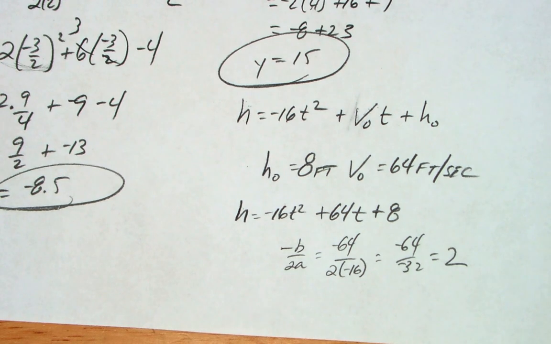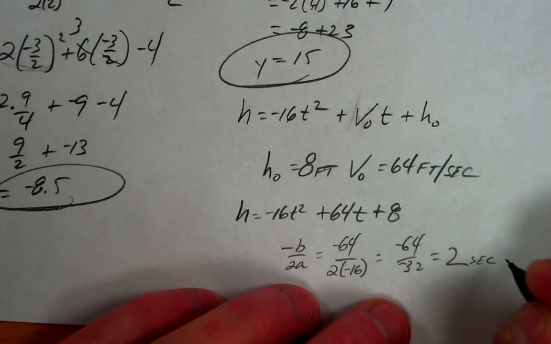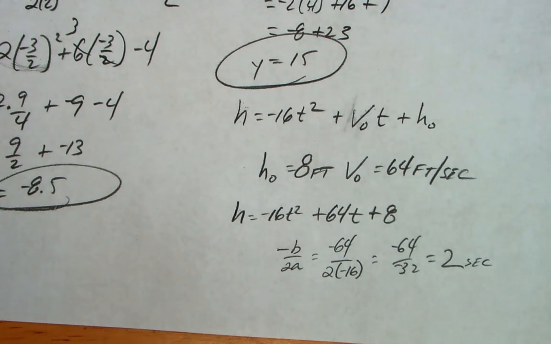What does that stand for? Time. So this is 2 seconds. It tells me that my maximum height occurs at 2 seconds. So that's not my maximum height is 2 feet. It's when my maximum occurs. How can I find out how high it actually goes? Plug it in, plug it in.